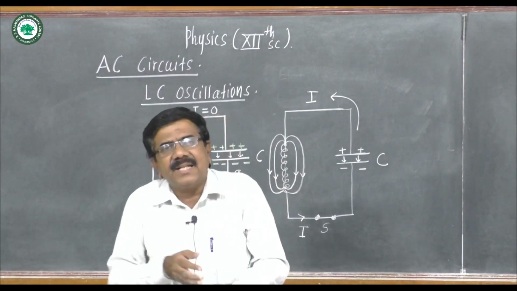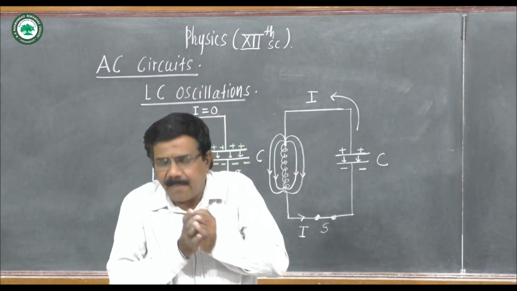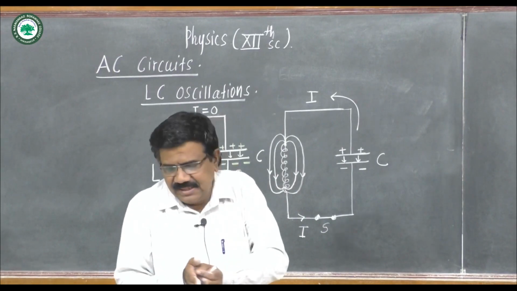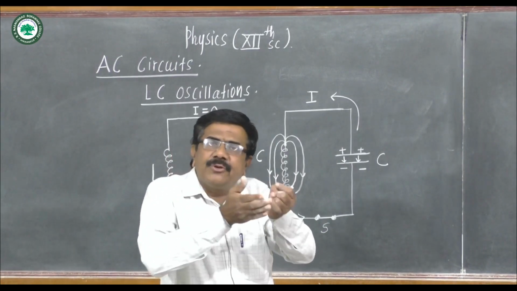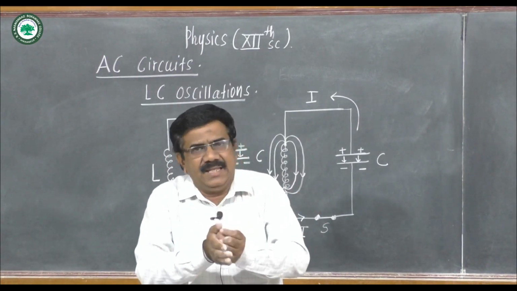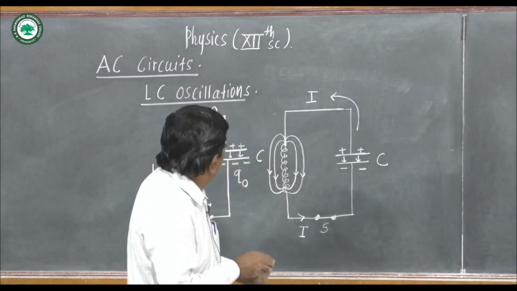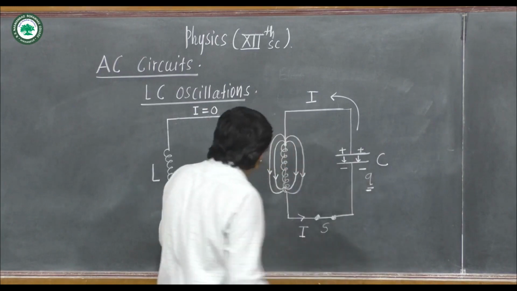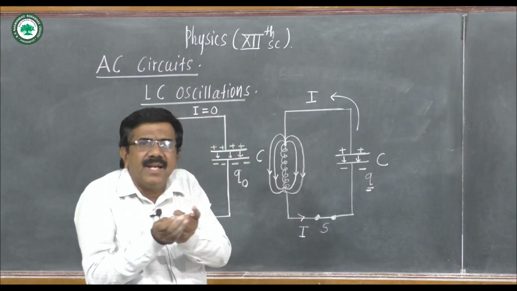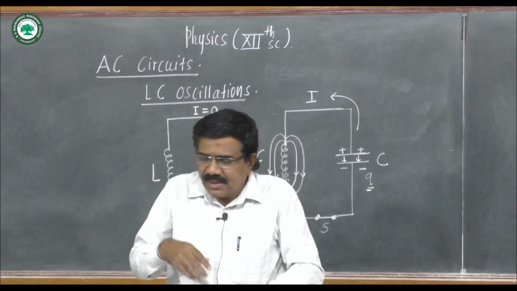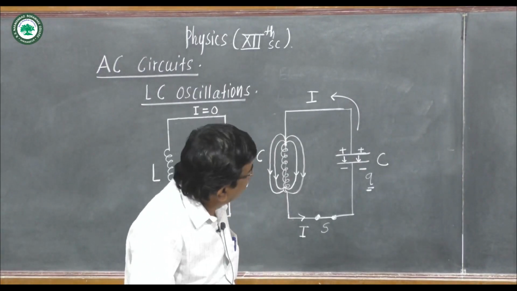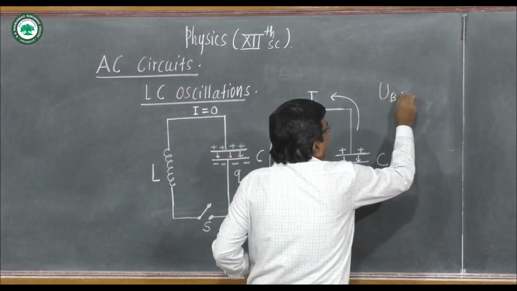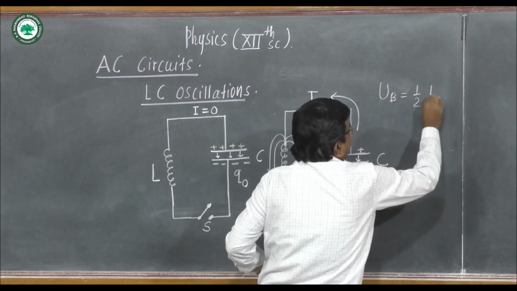Part of the electrical energy stored in the capacitor, which was 1/2 Q0 square upon C, and here the charge is not maximum. Suppose the charge is Q. The charge decreases, and this energy is converted into the magnetic energy of the inductor. So UB is 1/2 Li square.